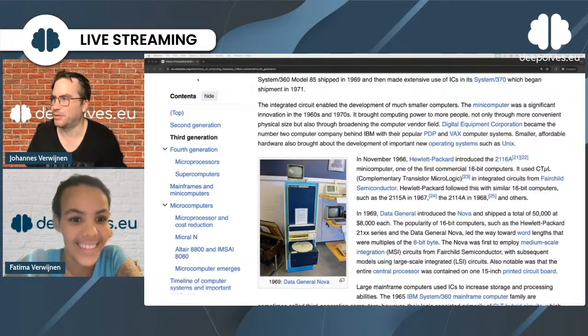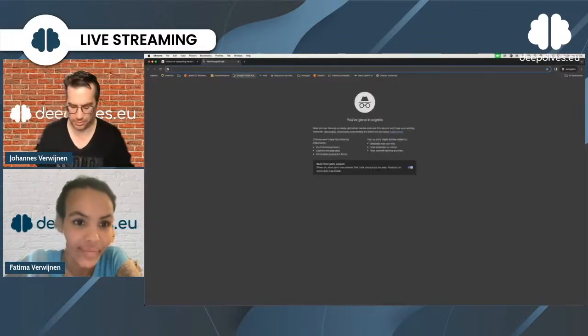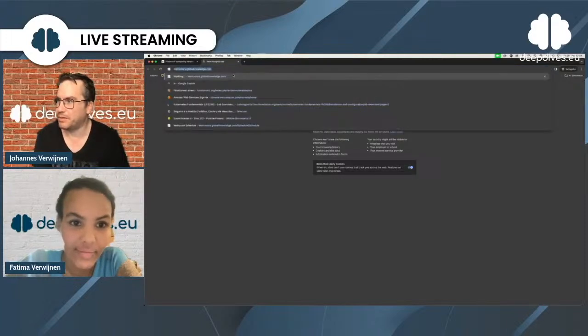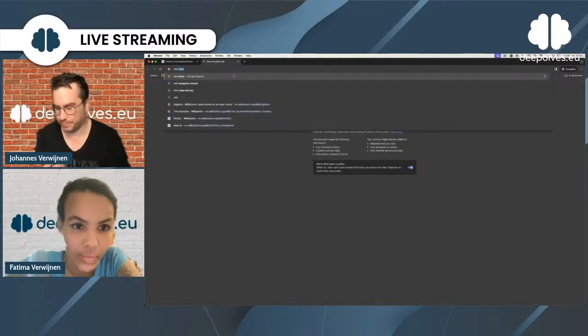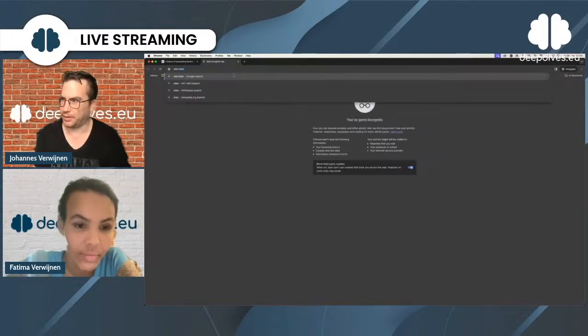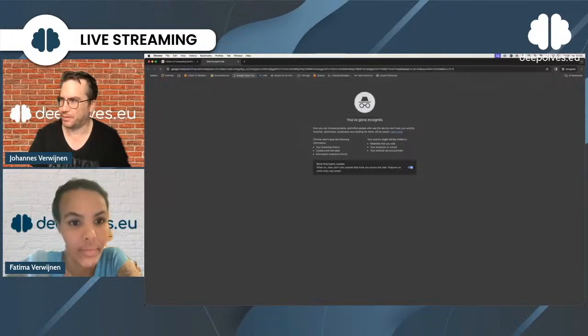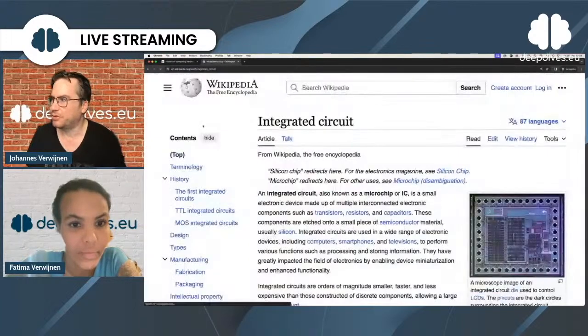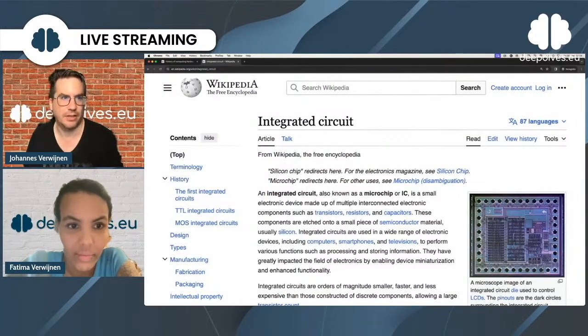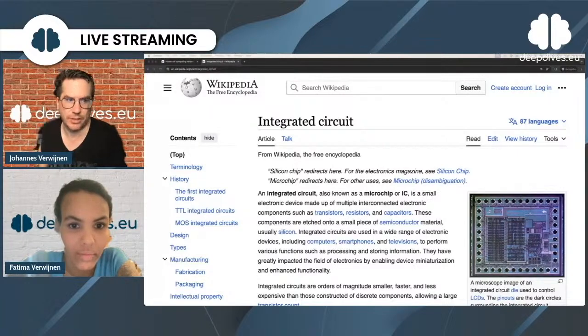DEC used to be a big company with an older style of computers, later bought by Compaq. But the big change here was this idea of an integrated circuit.